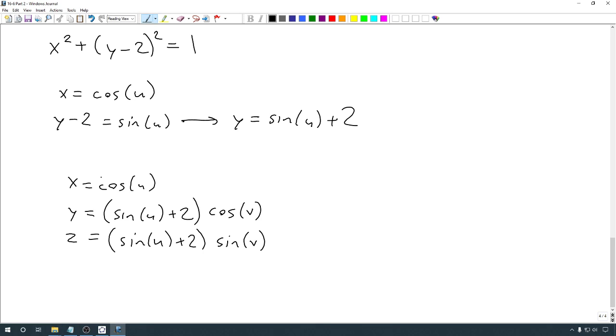That basically says that for a given value of u, whatever x value on the x-axis that we're centered around is given by cosine of u, regardless of what that u is. That gives us our particular x value for our center. But then the radius, the sine of u plus 2, is then taken along a circle around the x-axis. So if we go ahead and plot that, of course here the u is still going to go from 0 to 2 pi. This v is also going to go from 0 to 2 pi.